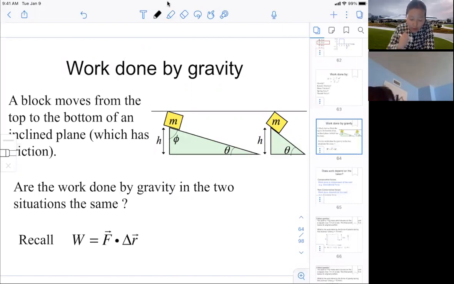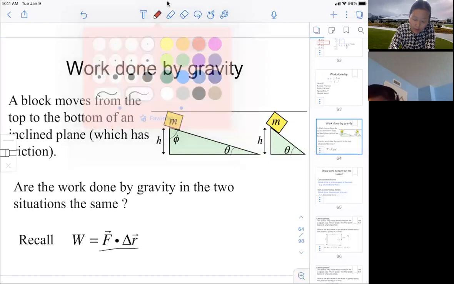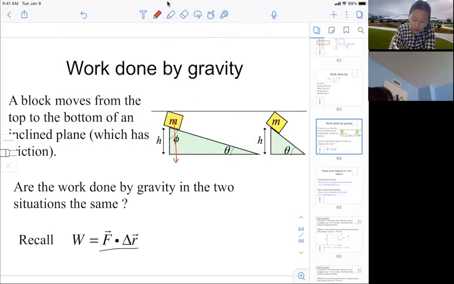Okay, so we calculate work, right? Recall this definition, and we need force dot displacement. Let's look at the work done by gravity here. The force is the force of gravity pointing down. So that's Fg, right? And for displacement, you go from here to here, so you're going downward.